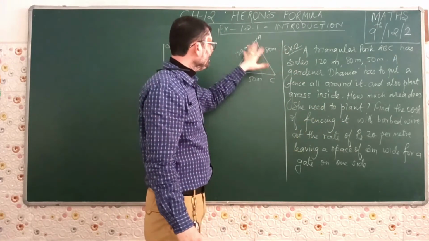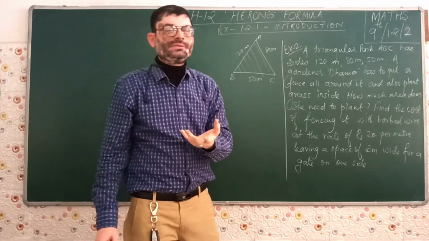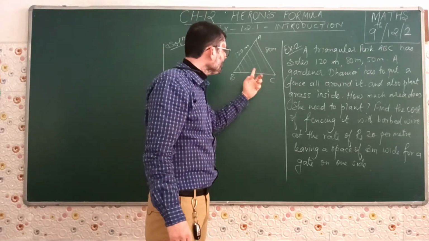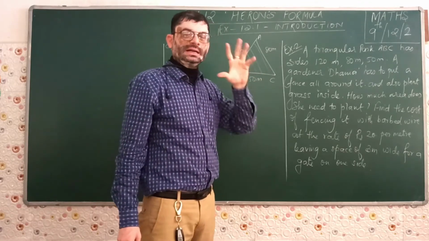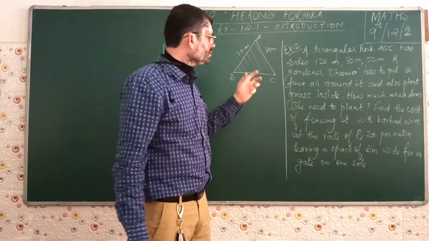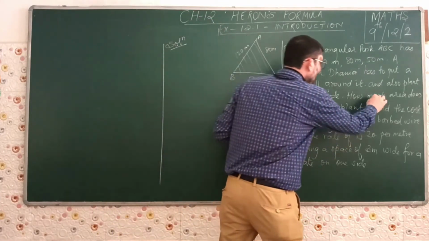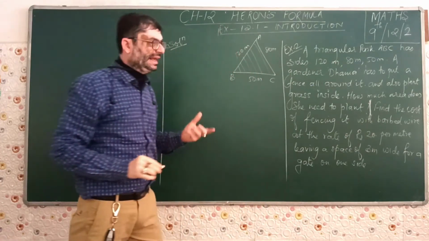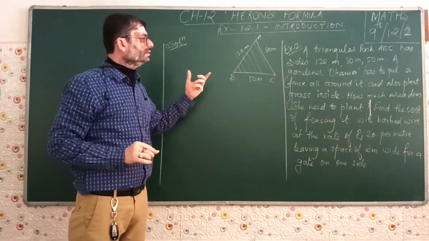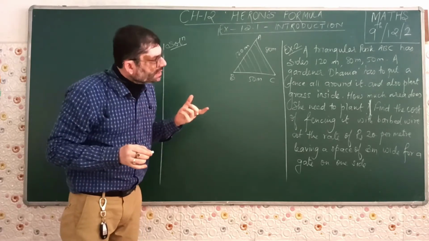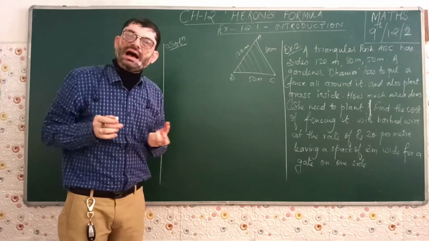The area is the area enclosed by the triangular part ABC. So we need to find the area of the triangular part. That much area she can plant with grass inside it. So let us first move on to the first part, area. Let us find out the area of the triangular part where Dhanya has to plant grass.